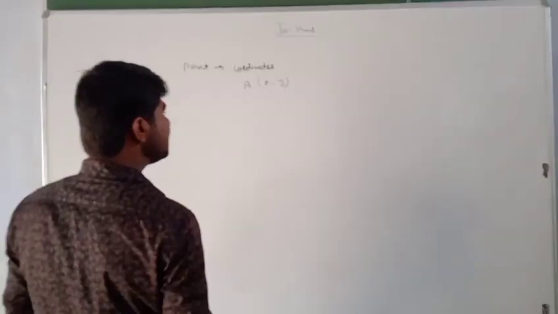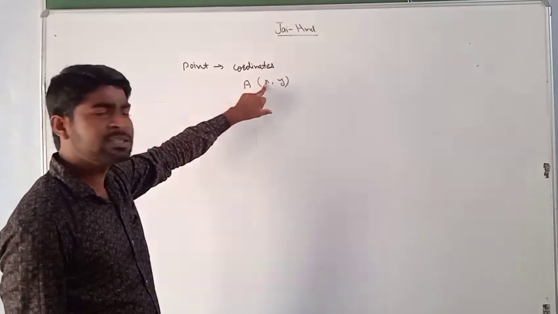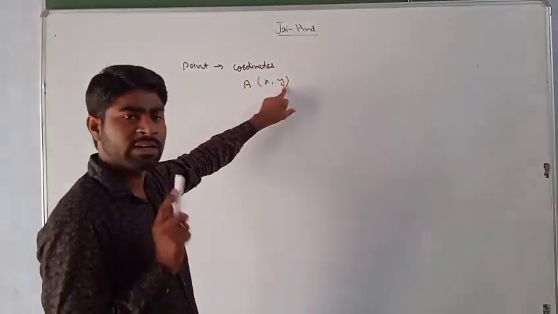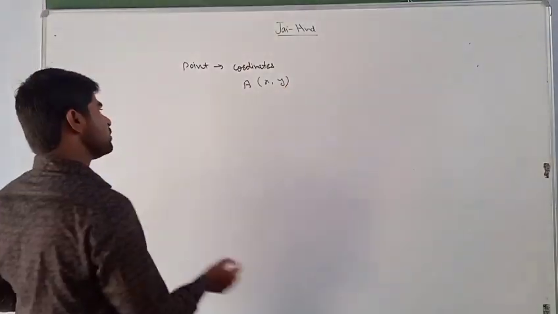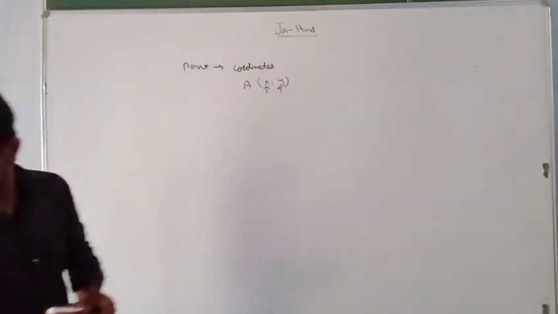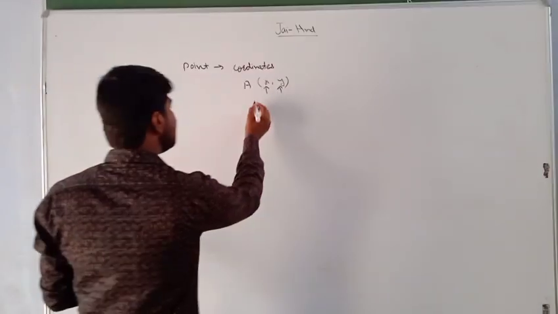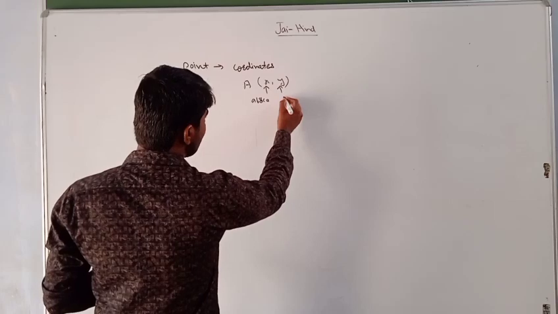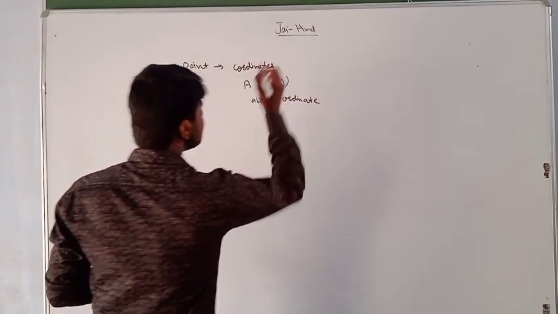This coordinate will represent the value on the x-axis, and this coordinate will represent the value on the y-axis. This value is called the abscissa, and this value is called the ordinate.